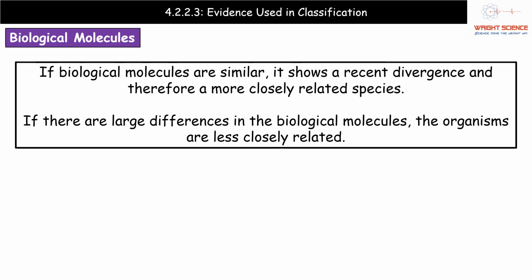If, however, we've got quite large differences between those cytochrome C molecules, then we would be able to say these are less closely related and they must have diverged from one another at a much greater time in the past, so much further back in time.